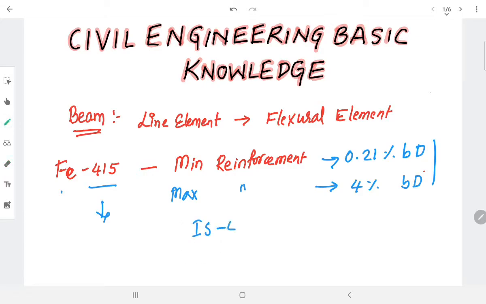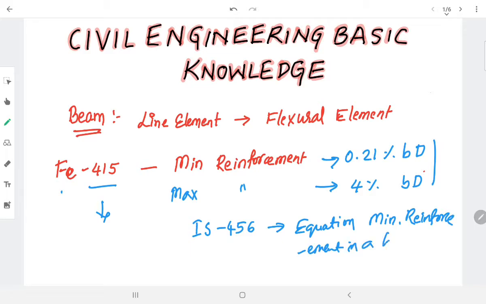When you refer to IS 456 you will come to know the equation for the minimum reinforcement in a beam.